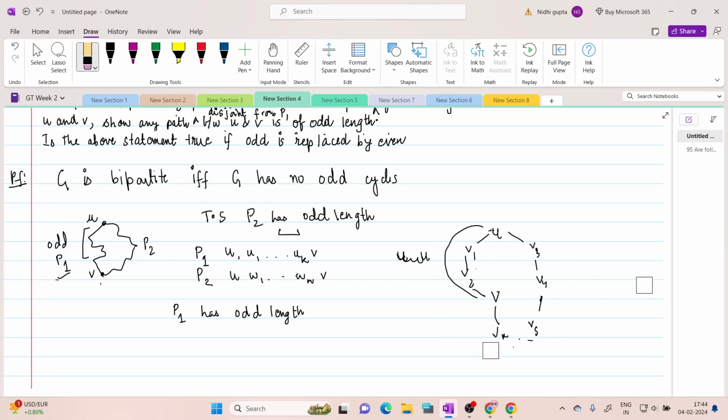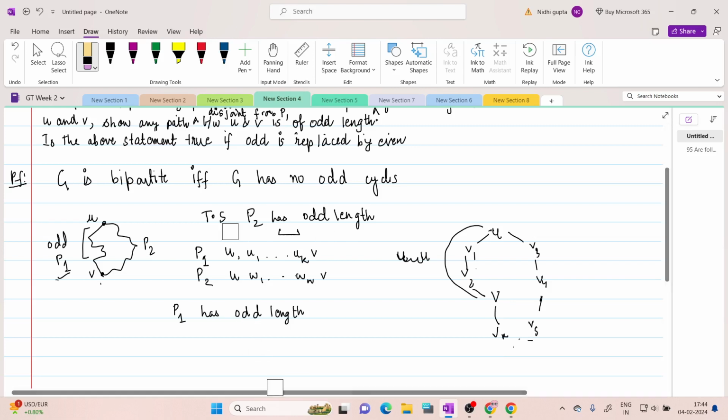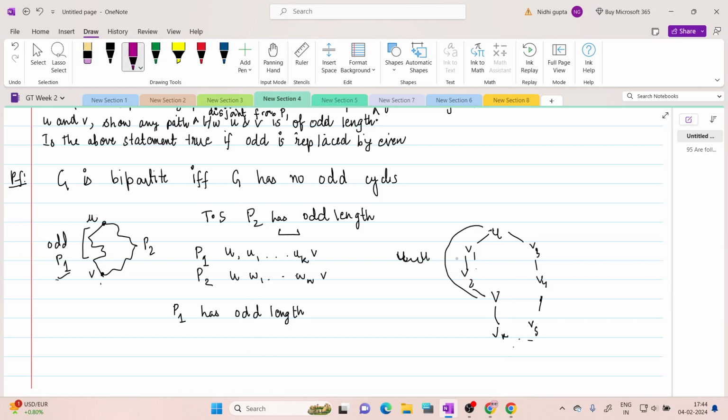Basically this was one path, and this was another path between U and V. So two disjoint paths between U and V are giving me a cycle. This is of odd length, and since it is a bipartite graph, this cycle should be of even length.